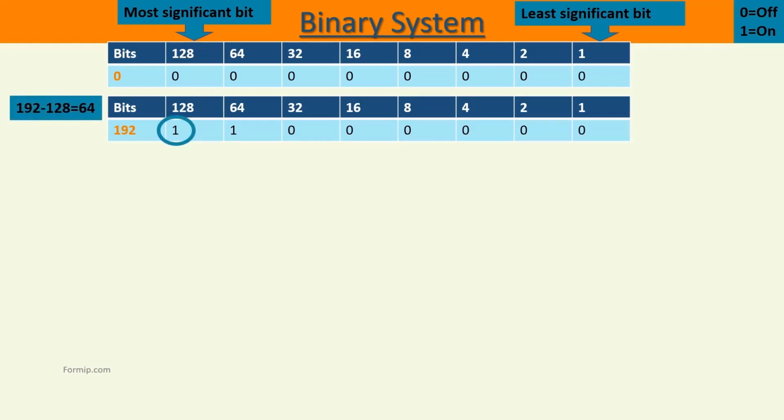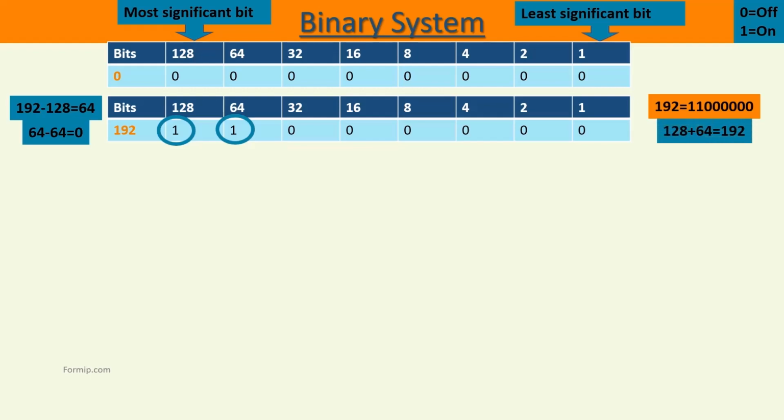So we subtract 128 from 192, and we still have 64. This is the number just after. We also set it to 1. The conversion of the number 192 into binary is therefore 1, 1, followed by six 0s. 128 plus 64 is indeed equal to 192.